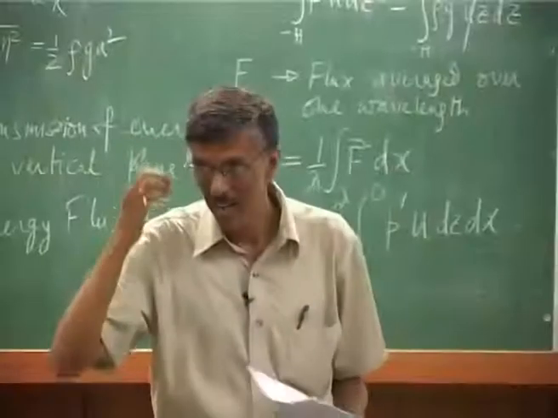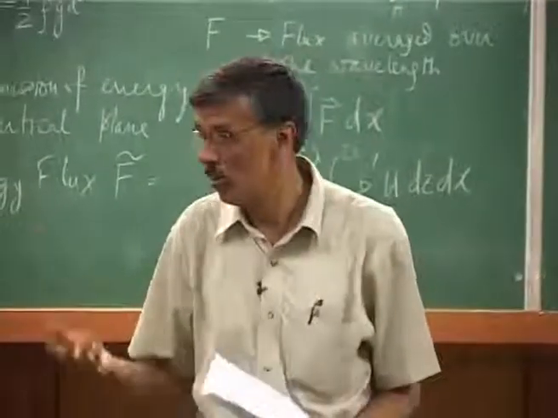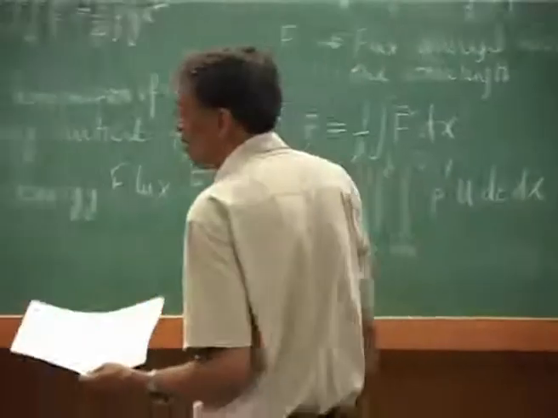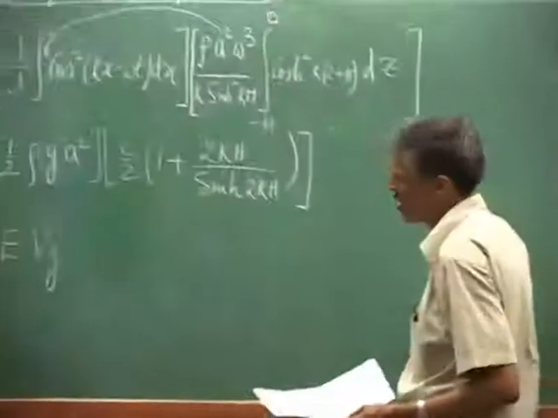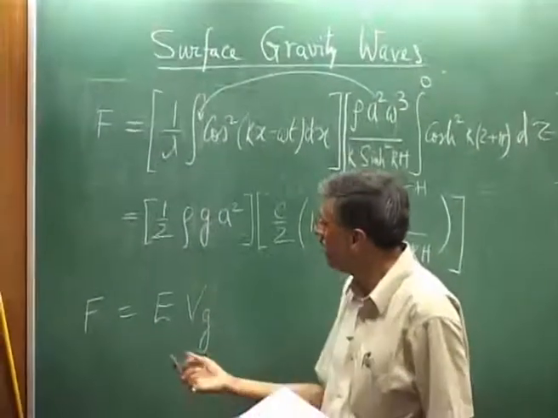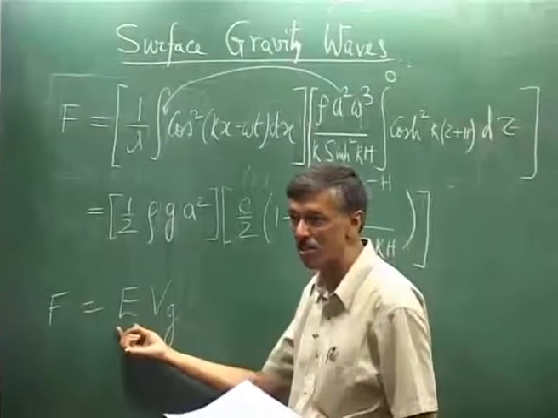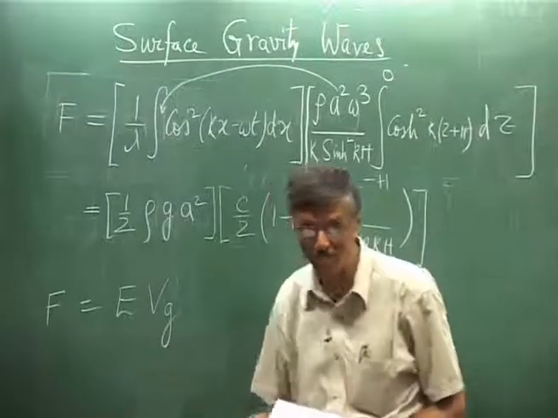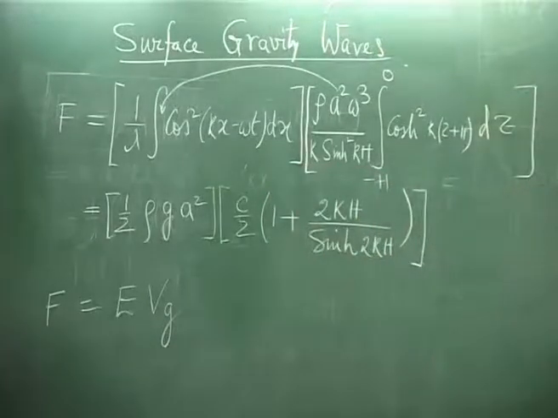What we expected to see was that the energy transported across any vertical plane is given by the energy times the velocity, and that velocity happens to be the group velocity, not c. So this is the physical implication of group velocity. It tells you the speed at which the energy propagates.